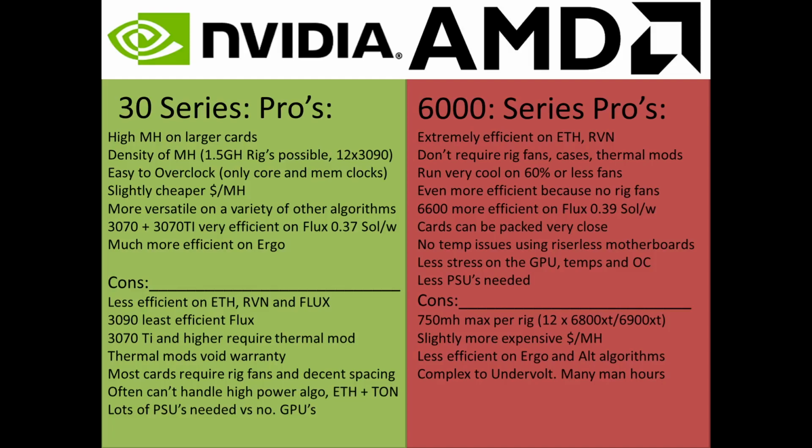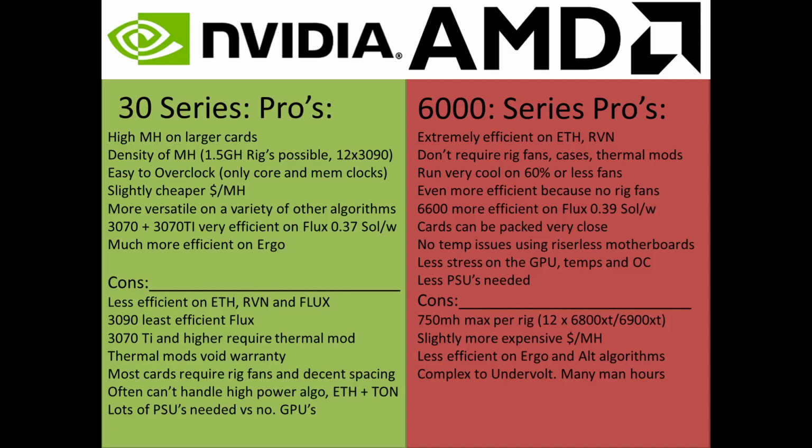We look at, I think, four algorithms here today, and the 6000 series does really well on two of them, okay on Flux, and then pretty badly on Ergo, and on a lot of the other alternative coins with similar performance to Ergo, the 6000 series is just terrible.